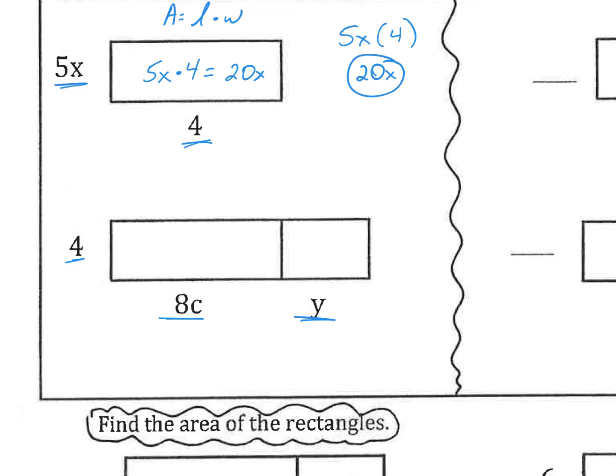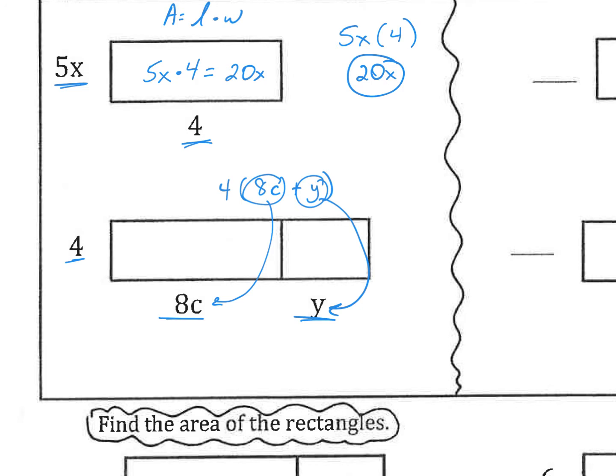So we divided a big rectangle into 2 smaller pieces. This would be written as 4 times (8c plus y). We take the 8c, it goes right there, the y goes right there. We split it into 2 pieces.